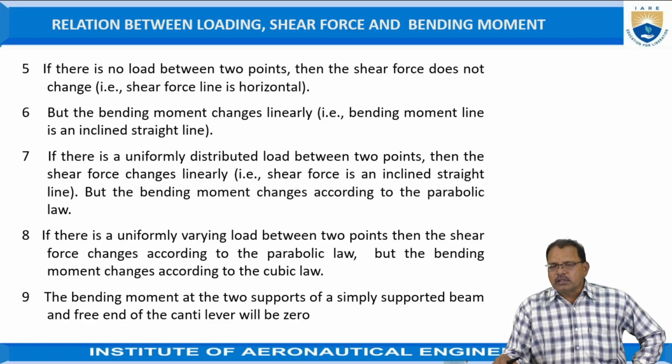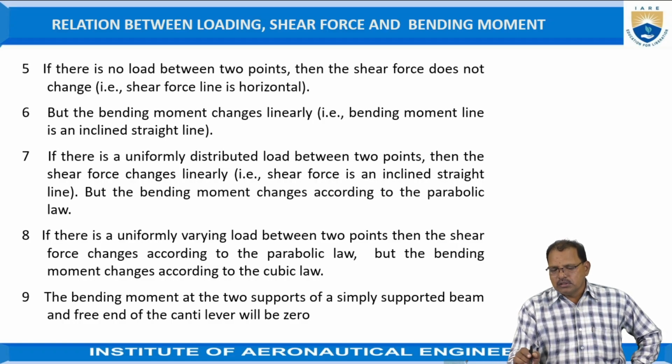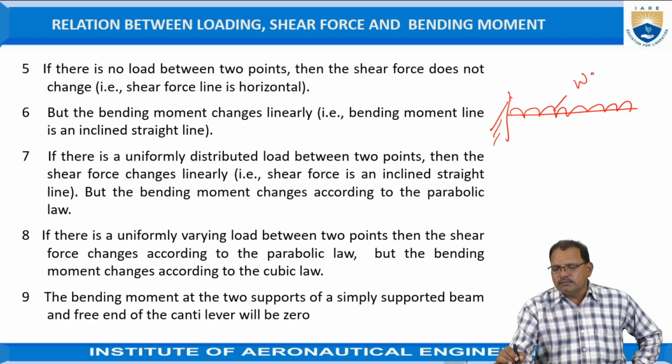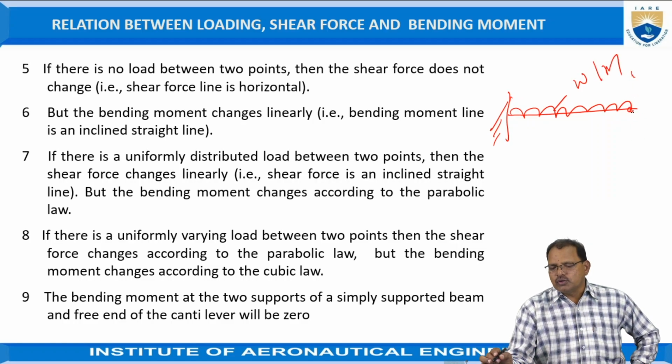When it is subjected to uniformly distributed load, here I am taking the example of a beam. Generally it is represented as w per meter. At the free end, the bending moment is 0.